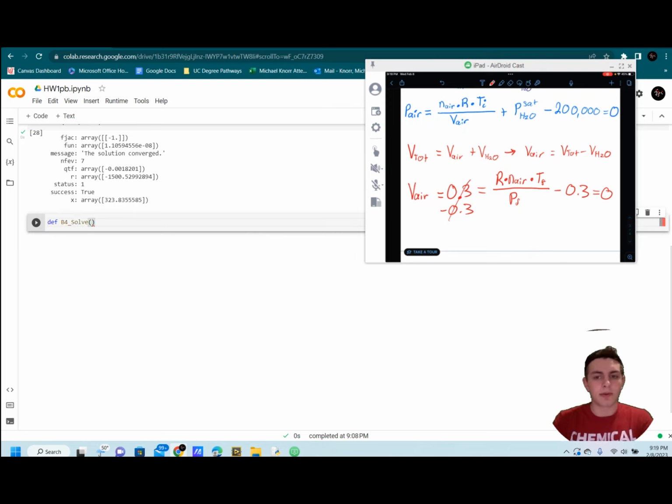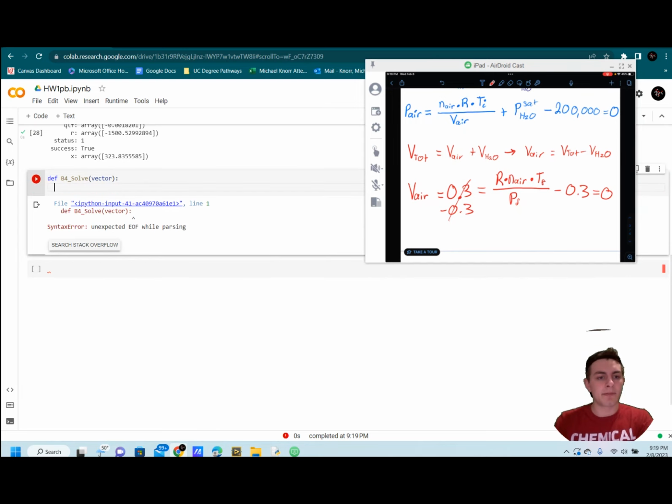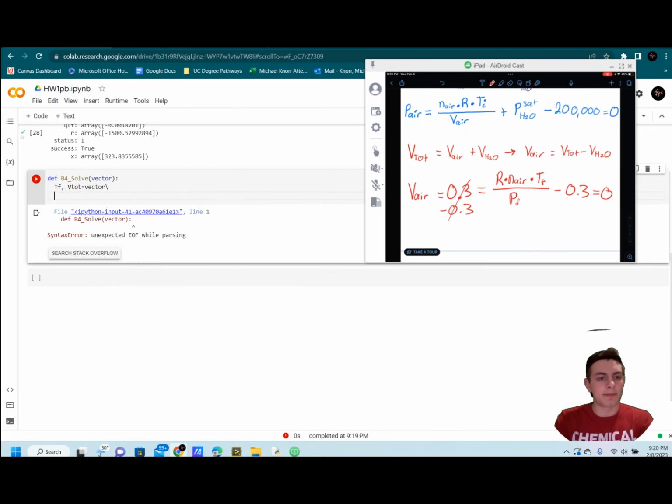And what we are solving for, now remember, we're solving for two unknowns. Since we're solving for two unknowns, that will mean that this has to be a vector. So, let's go ahead and call it vector as the input. So then, with our vector input, let's go ahead and break down that vector into its components. Its components are going to be the temperature, final, as well as the total volume, equal to our vector here.